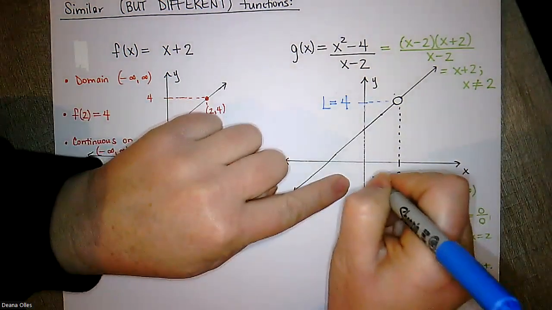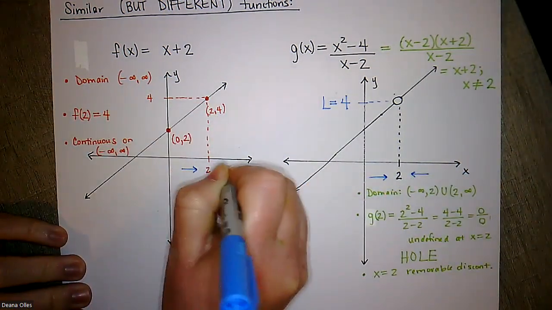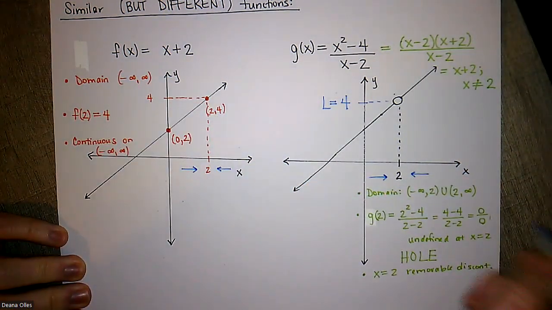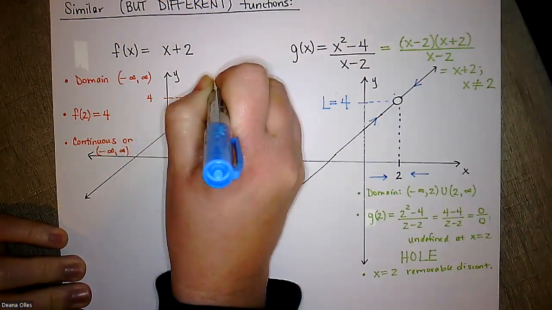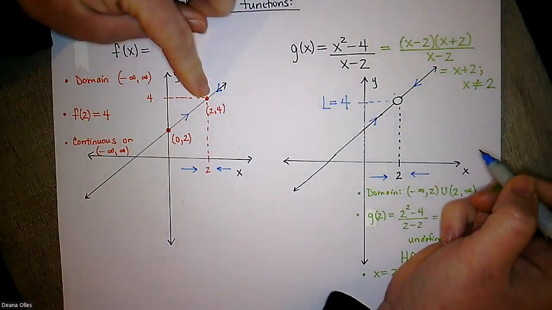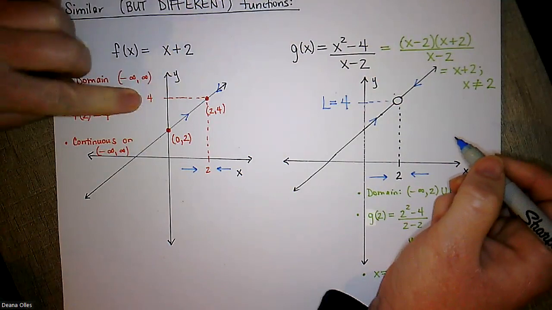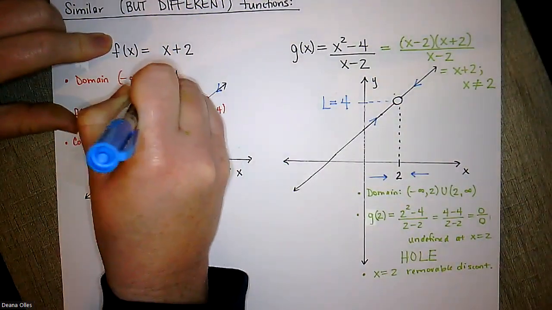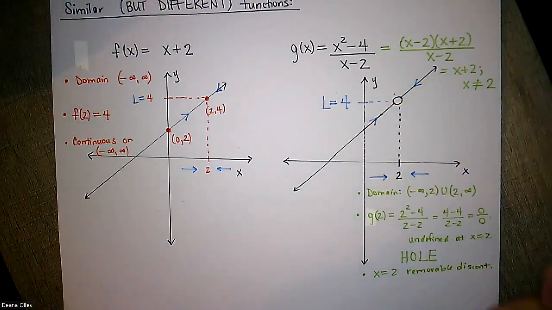So as I approach 2 on the x-axis for both of these functions, I'm riding the line toward this point 2, 4, this hole at 2. And this point is at the y value of 4, and this hole is at the y value of 4.